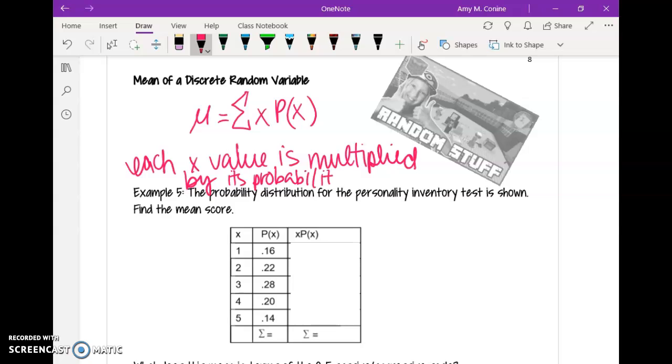So after you do the multiplication, like it says in the formula, then you're going to add them up. So for the mean of a discrete random variable, we have mu, which is the mean, and then the sum of our random variable times the probability of our random variables.